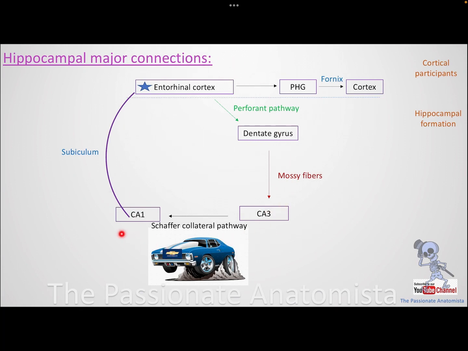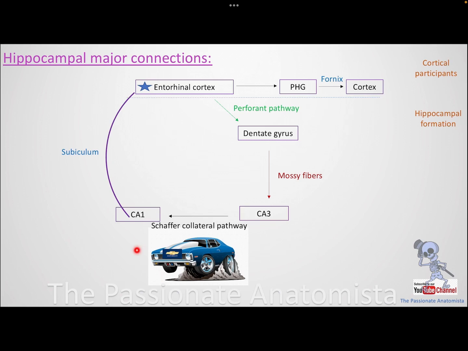You need to register the information, process it, and then take it out to give feedback to these cortices, and you're going to take it out to the hypothalamus because you want to have a response. So you will have your outputs going to many places, and we're going to talk about them.